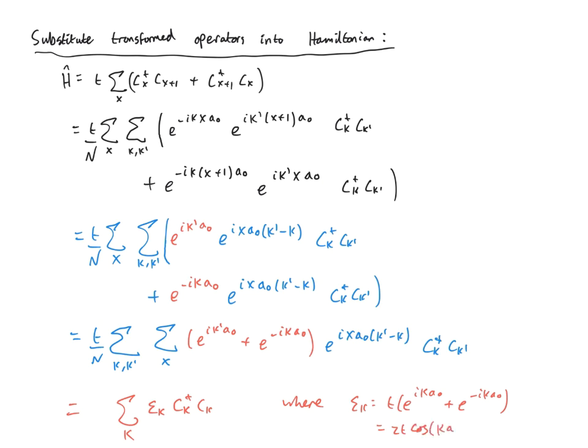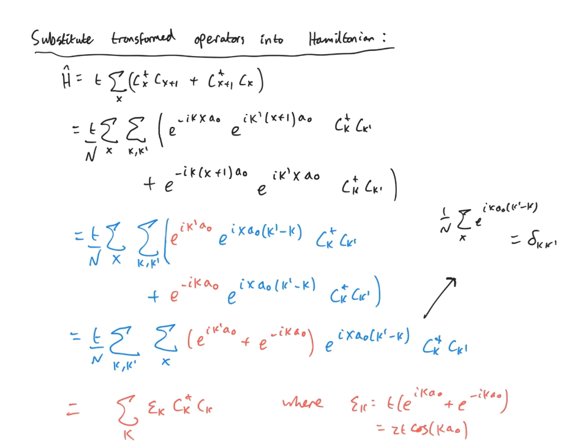And just to emphasize, I used here this identity from the Fourier series, which is that 1 over n, the sum over x of e to the i x a naught of k primed minus k is equal to the delta function k k primed.